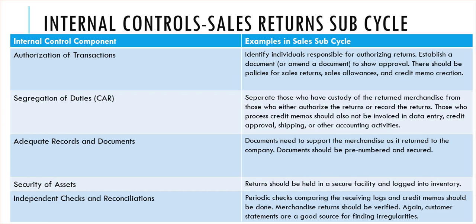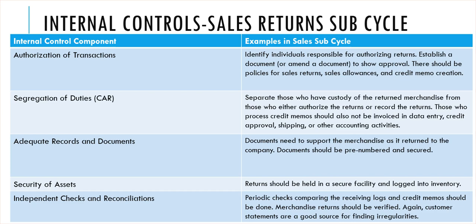Now I call it ARC, or I have it CAR, because with this, you're going to have the merchandise coming in, and someone's going to have custody of it. The person who has custody of merchandise shouldn't be doing the record keeping, shouldn't be doing the procedure of recording it in the journals. And then also authorizing, the person that's authorizing the returns, and also working on the credit memo and doing all sorts of work there in the authorization process should not be the same individual.